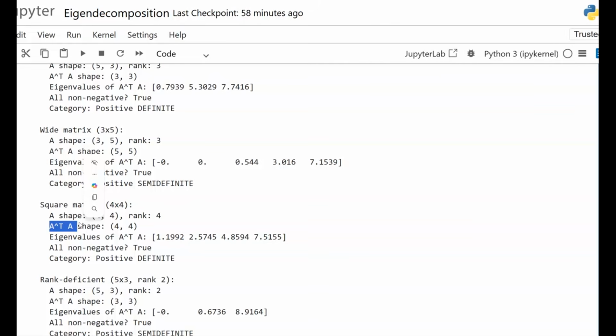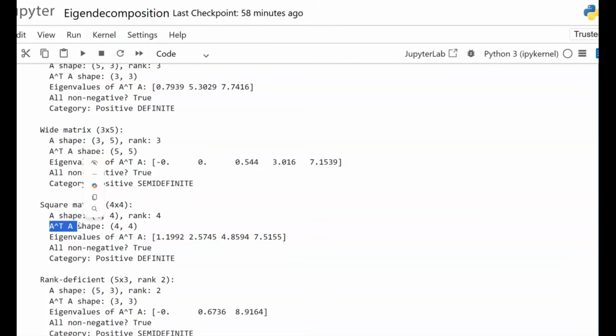And the connection to variance is in PCA: the eigenvalues of the covariance matrix represent the variance captured by each principal component. A negative variance would be physically meaningless. It would be like saying the data varies by -3 units. So the A transpose A structure ensures this never happens.